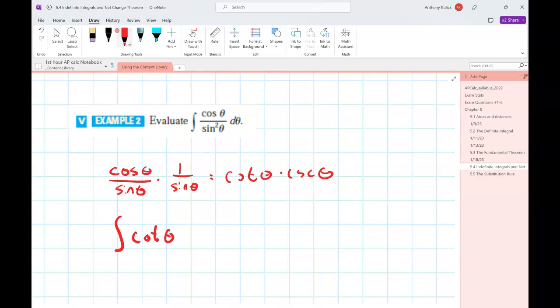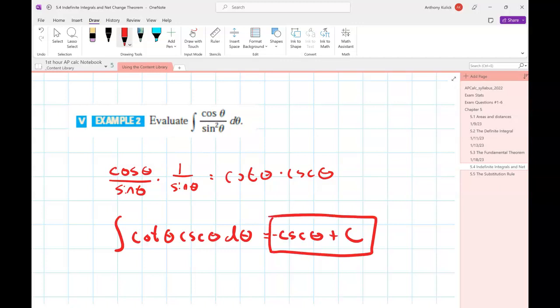And that, I believe, is one that we have an antiderivative for, is it not? Do you remember what this is off the top of your head? I never remember these ones either. That is negative cosecant. And we're done.